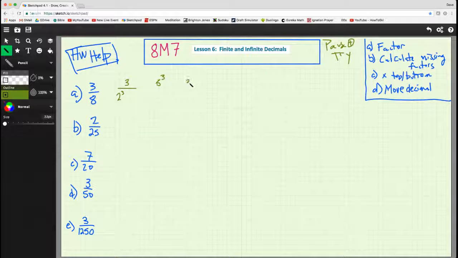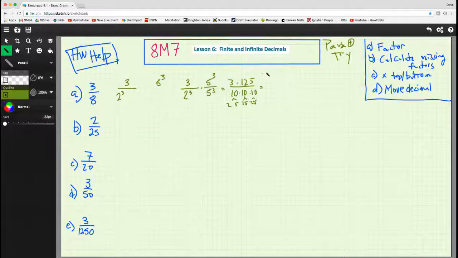So then we say 3 over 2 cubed times 5 cubed over 5 cubed. So that's equal to 3 times 125 on top. And on the bottom, we get 10 times 10 times 10, right? This is 2 times 5 times 2 times 5 times 2 times 5. There's all our factors.